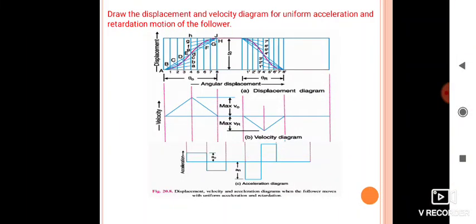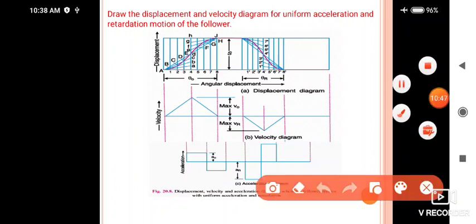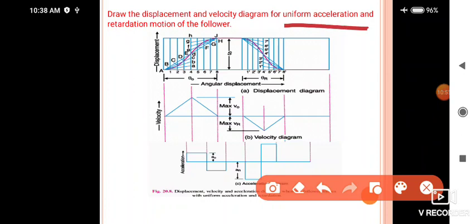Then moving on to the next question. Draw the displacement and velocity diagram for uniform acceleration and retardation motion of the follower. So this one is the displacement and velocity diagram for uniform acceleration and retardation motion method.